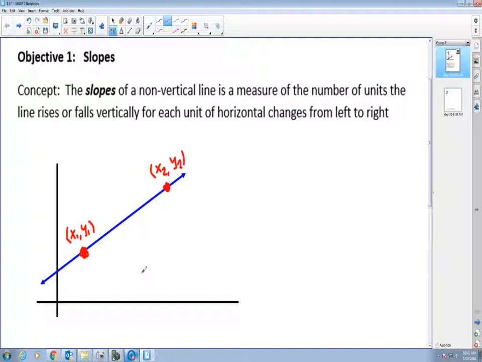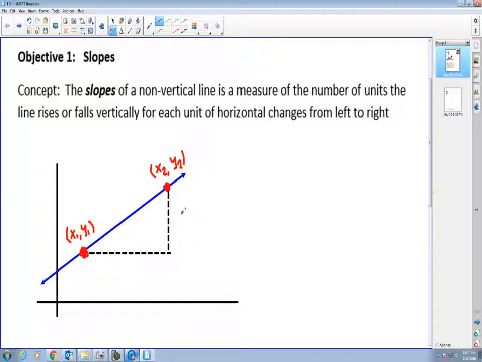Okay, so the slope is measuring the rise. Going from the first point to the second point, it will rise so much. The way we figure out the rise is simply by subtracting the two y values, so the change of y value compared to the change of the x value.